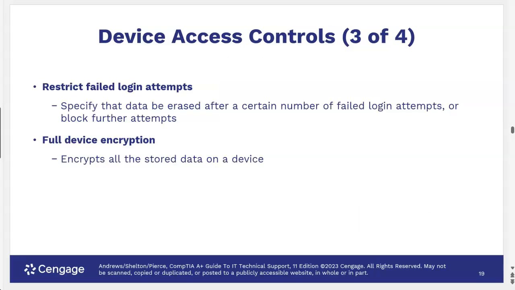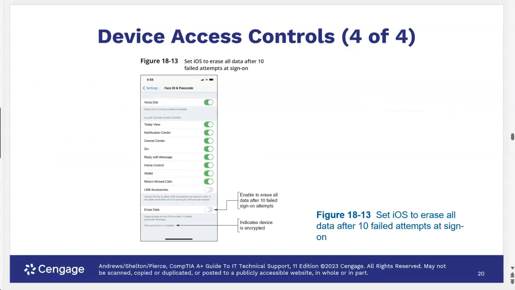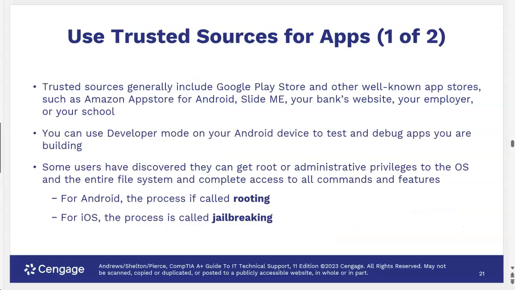Mine has some sort of a program called Knox on it that allows it to be fully encrypted. Oh, maybe that's why I can't get to it. It's encrypted. Okay, and there's all kinds of access controls. You can set them up yourself. I'm going to add that to my assignment I'm going to put together. Trusted sources are a good place to get your applications from.